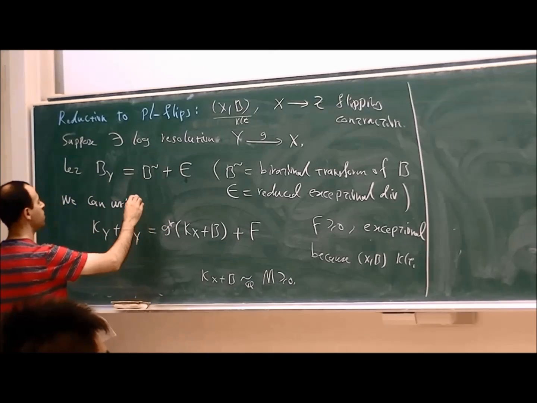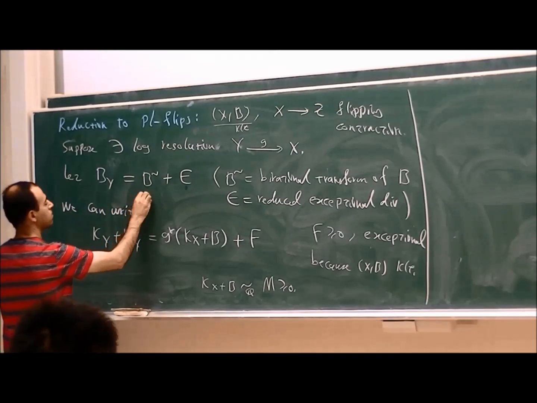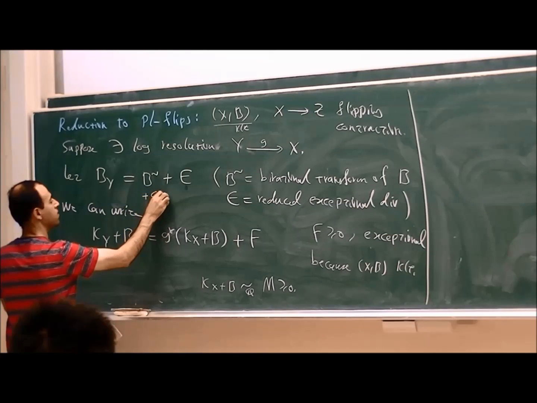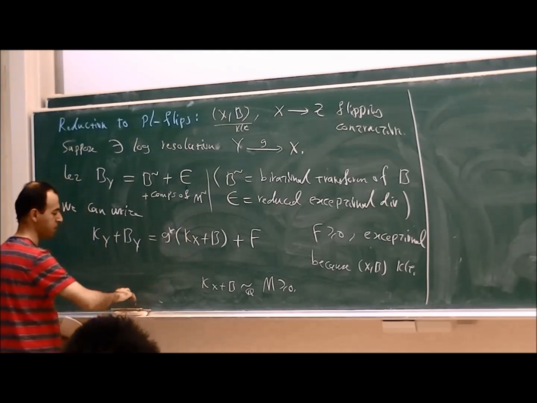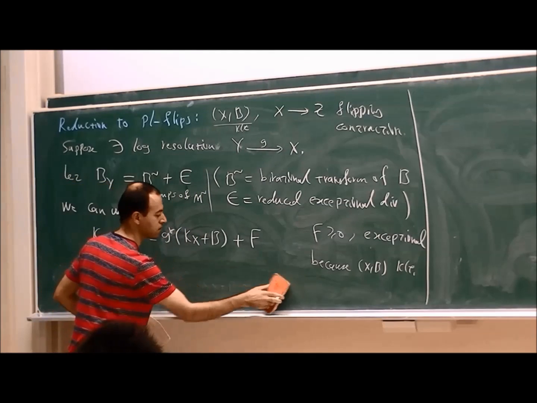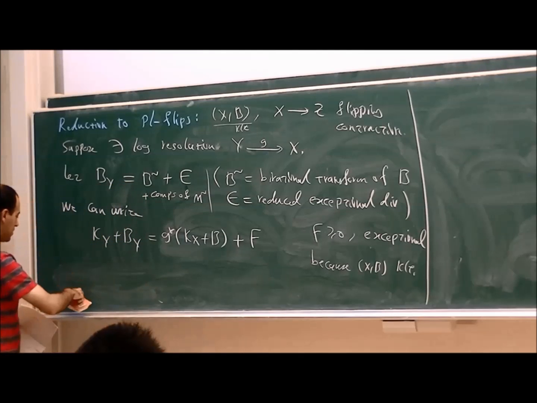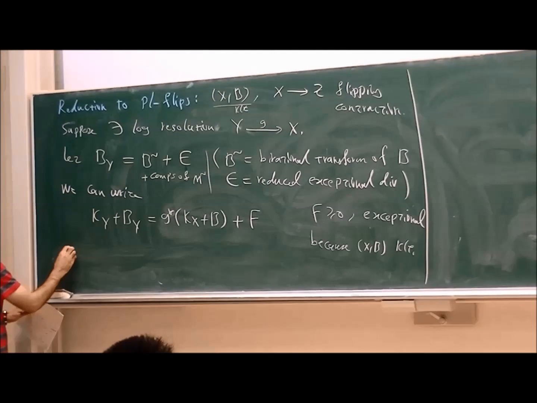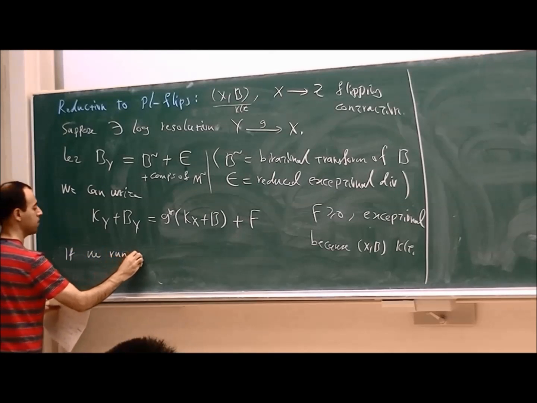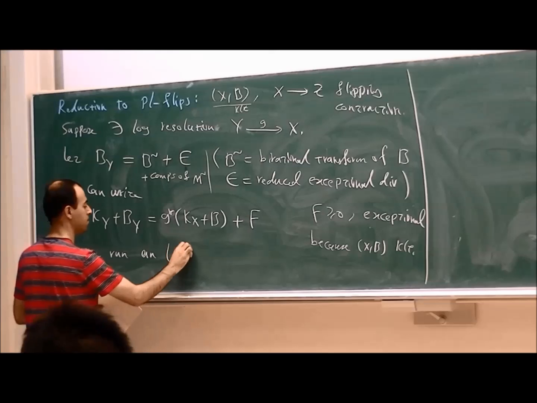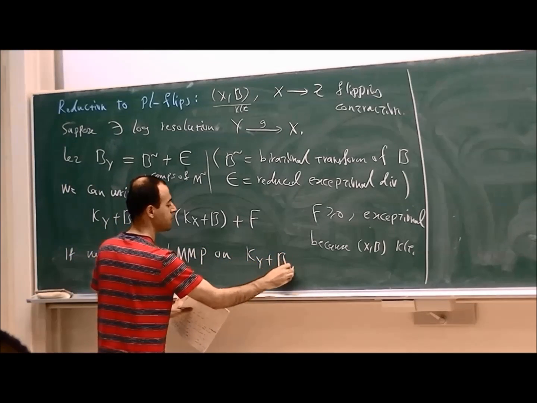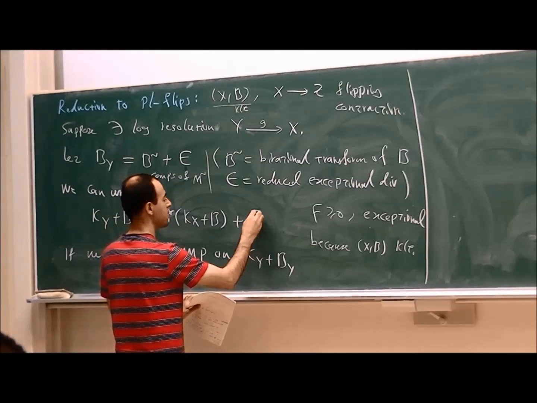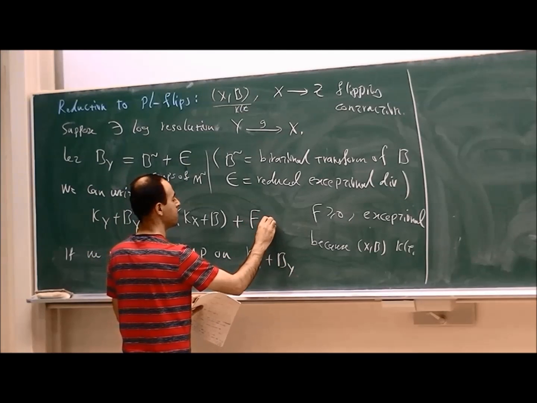And then here we also need to add the components of this. Maybe you can for the moment ignore these technicalities, but what is important is that we run a minimal model program on this K_Y plus B_Y, with F, and then you will have some other stuff.